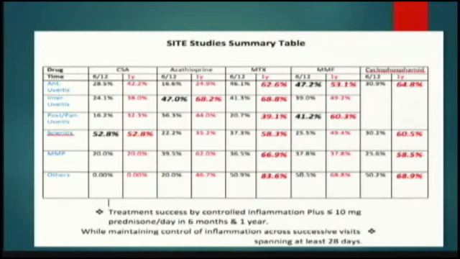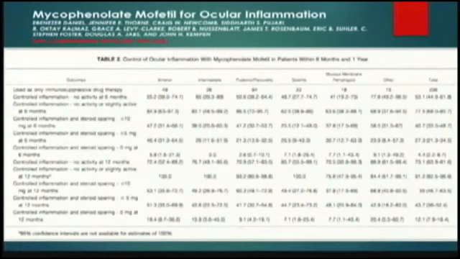The other option will be Cellcept, but again, it depends on the disease itself. If you have a disease that is known to respond to a certain treatment, like anti-TNF, you will go to the anti-TNF immediately. This is again mycophenolate mofetil in ocular inflammation. That was one of these series of papers. You can take the reference and go back and read it.